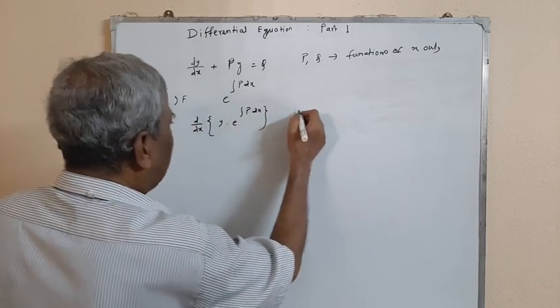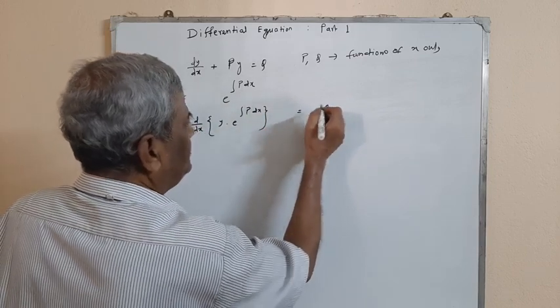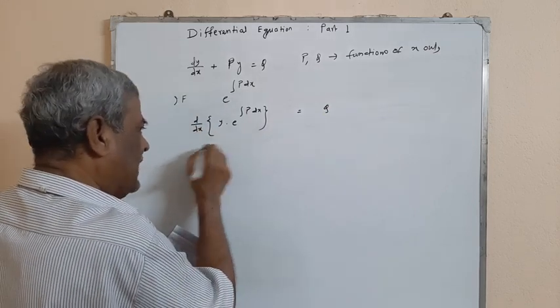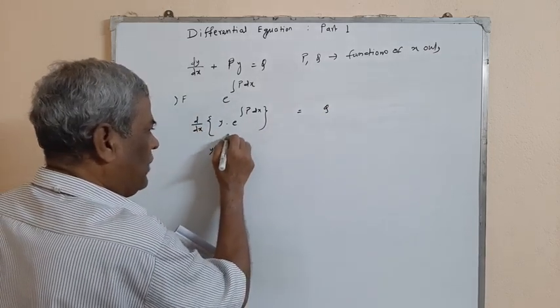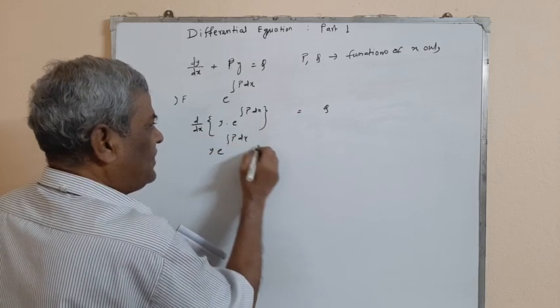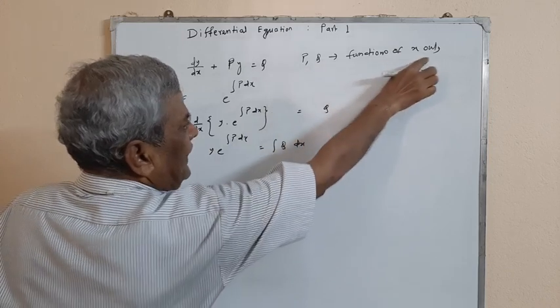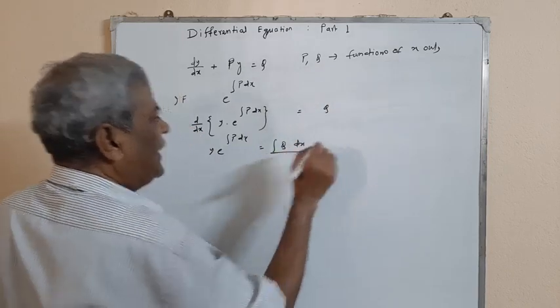The right hand side is simply q times the integrating factor. Now, integrating both sides with respect to x, the left hand side will be y e to the power integral p dx, equal to the integral of q times the integrating factor dx. Q is a function of x only, so this can be done easily.